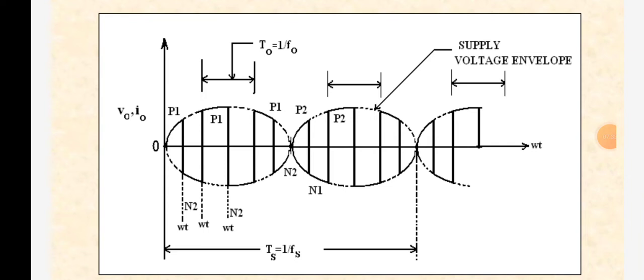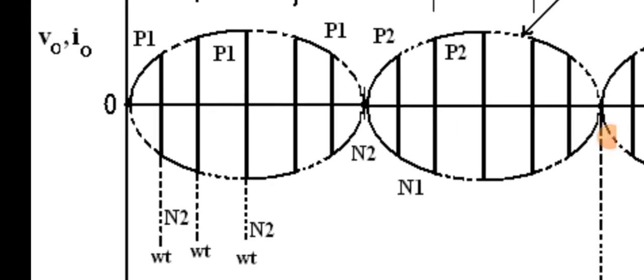At instant omega t1, P1 is force commutated and the other forward biased thyristor N2 is turned on, so that the load voltage is negative, with terminal O positive and A negative.